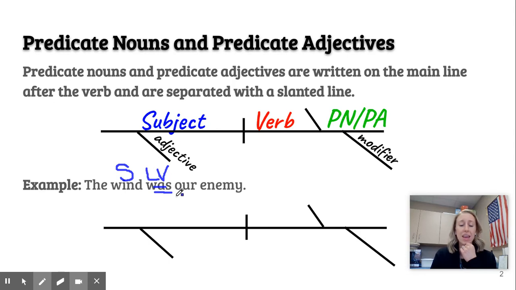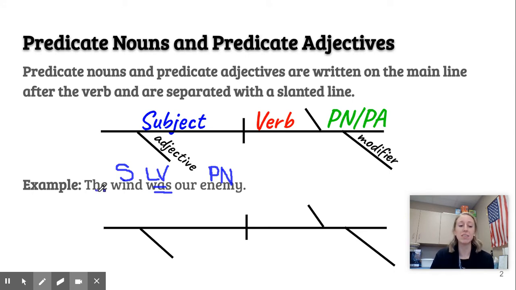So wind equals, what does it equal? Well, it equals our enemy. Now we just have to ask ourselves, is enemy a noun or is it an adjective? Well, enemy in this case is a noun, so we would want to label enemy PN. Now we have a couple of other words here, the and our, that we have to figure out what they're doing. So the, remember, is an article.